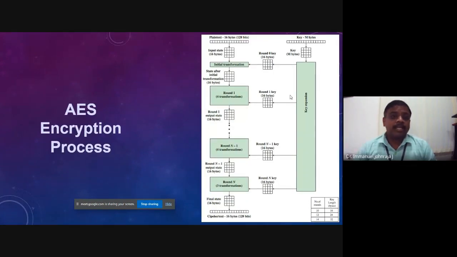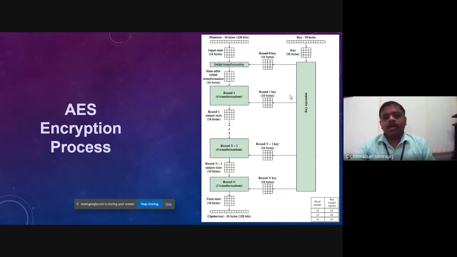So it's not a key schedule, but in the case of DES, it was a key schedule where keys were generated, it was contracted, and then expanded, then permuted, and then it was sent in every one of the rounds. But here, a set of 128 bit or 256 bit keys is taken, and then it is expanded. It is expanded, and it is given 16 bytes for every one of the rounds.